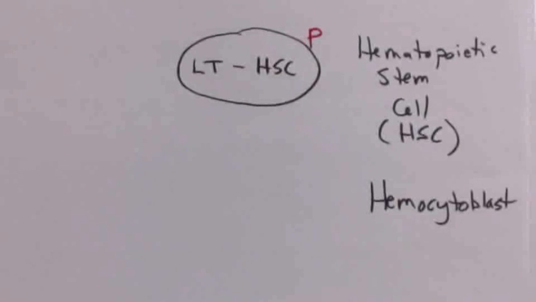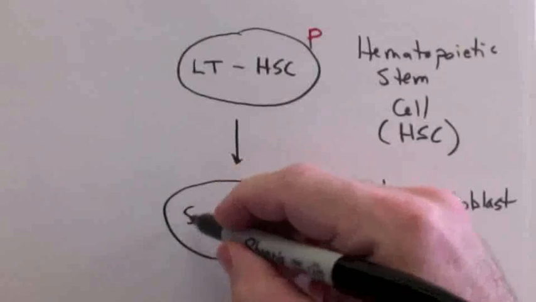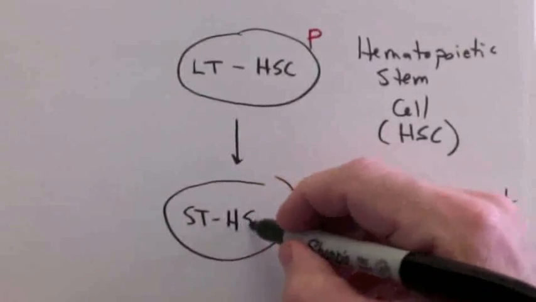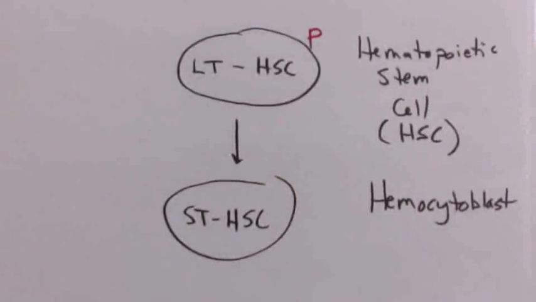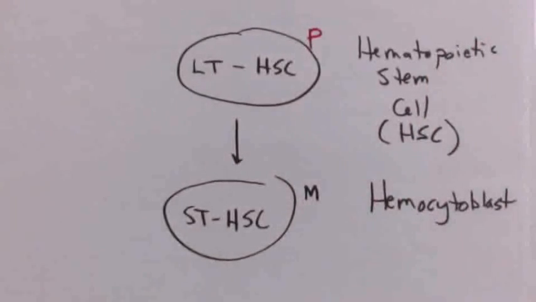Fairly quickly, this is going to mature into what is called a short-term HSC, or a short-term hematopoietic stem cell, and this is a multipotent stem cell, which means it can no longer become just anything in the body. It is instead basically just able to form blood cells of varying types.